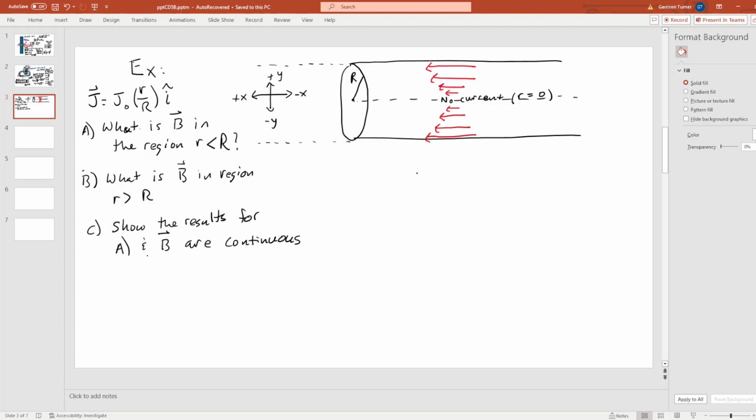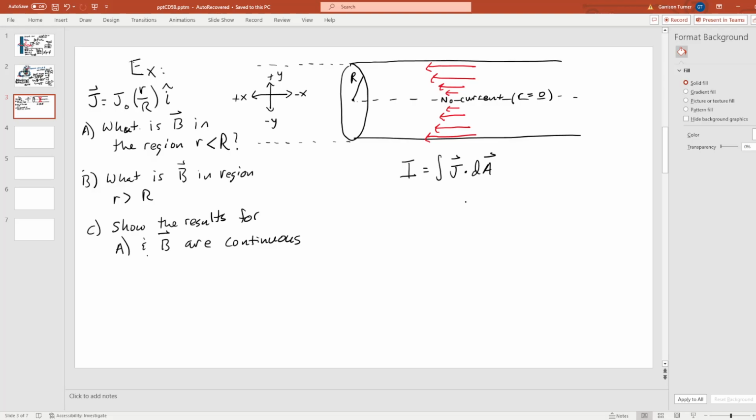So, first things first, remember that I is equal to the integral of j dot dA. Okay, so when you have non-uniform current density, this is going to be a bit subtle to handle.